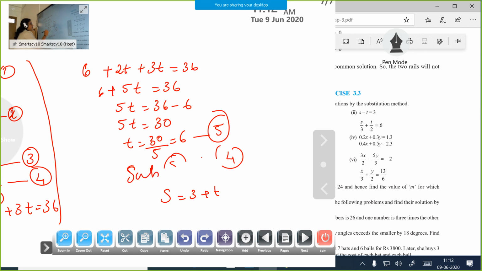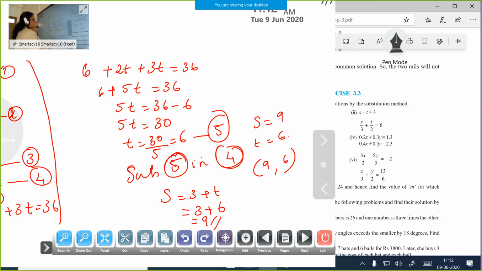Substituting 5 in 4, that is equal to 3 plus 6, as the value of t is 6, that is equal to 9. So s is equal to 9 and t is equal to 6. Our solution is 9, 6. Clear?